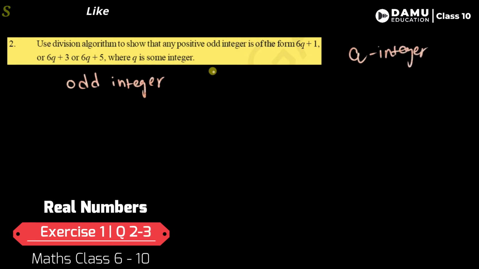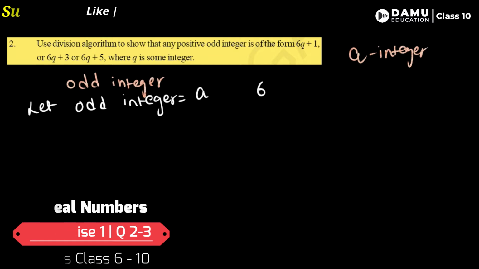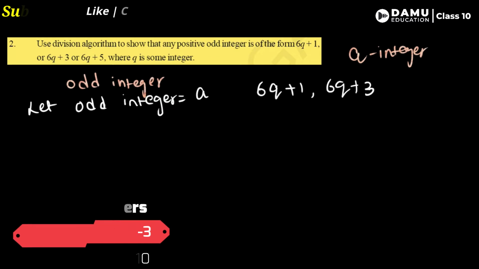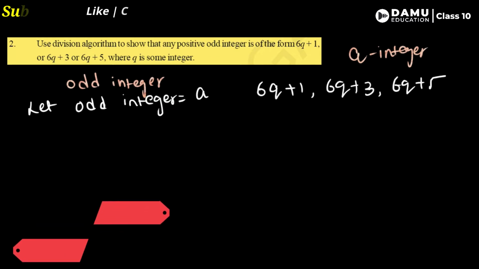So let the odd integer be a, in the form of 6q plus 1, 6q plus 3 and 6q plus 5.